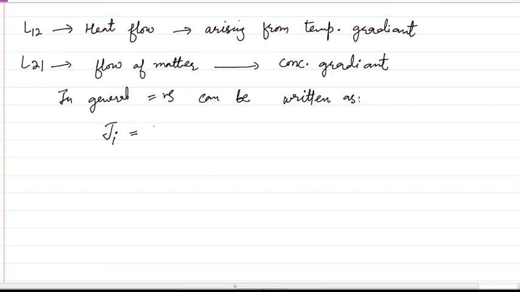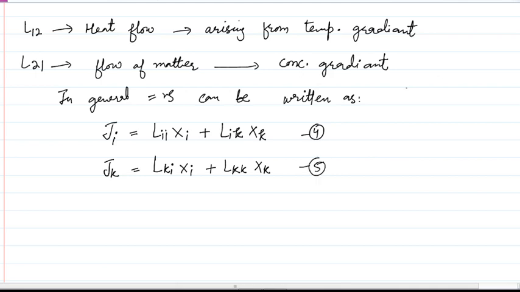Ji will be equal to Lii Xi plus Lik Xk, and Jk is equal to Lki Xi plus Lkk Xk.